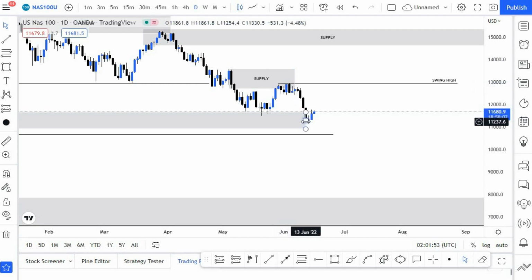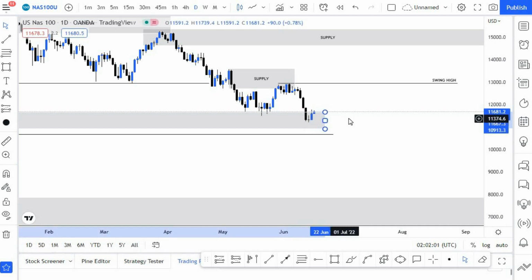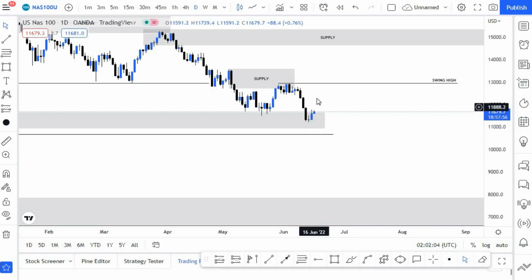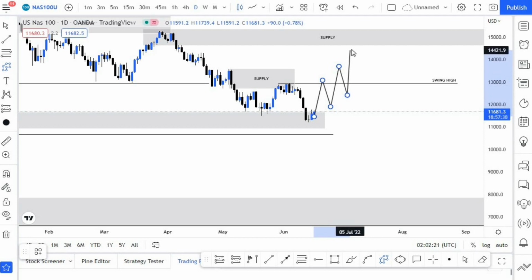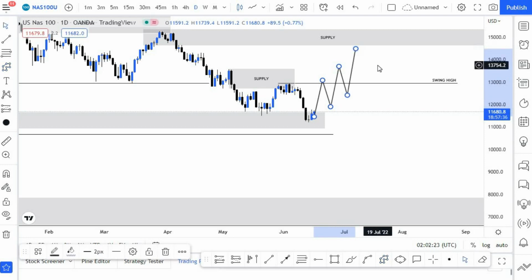So now the price has not yet taken out the demand zone area, meaning the price is still at the demand zone. So it's possible the price will continue going up, and then if price continues going up, it has to check out the zone first, then give you a pullback, and then it will have to check out another zone like this and another pullback for you to confirm your continuation pattern.